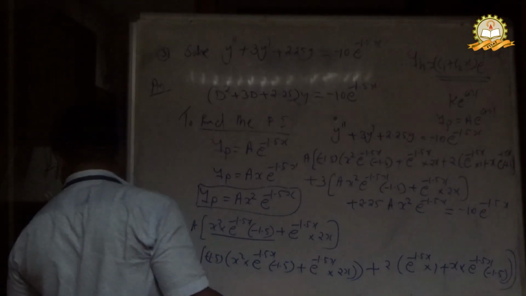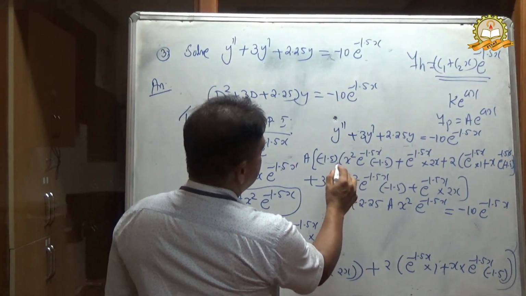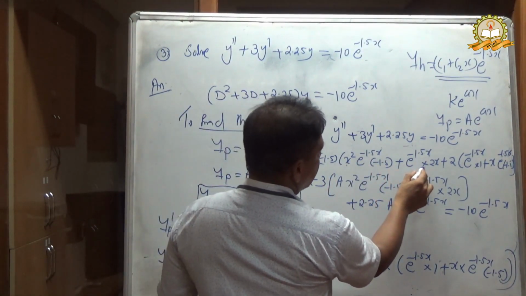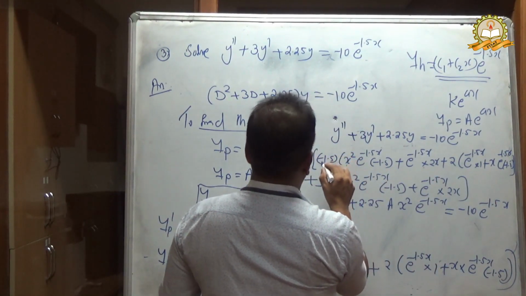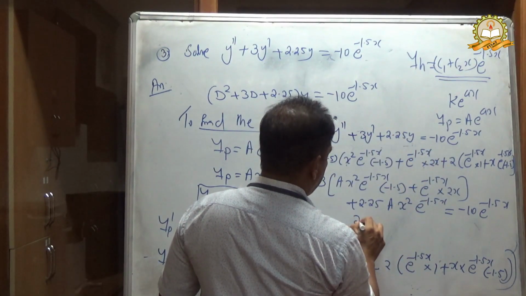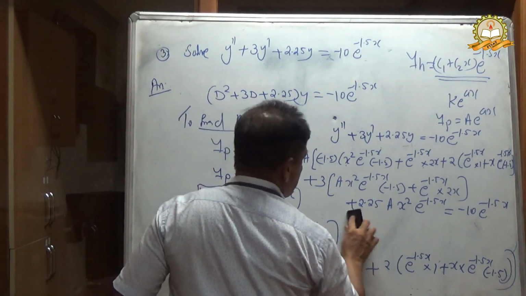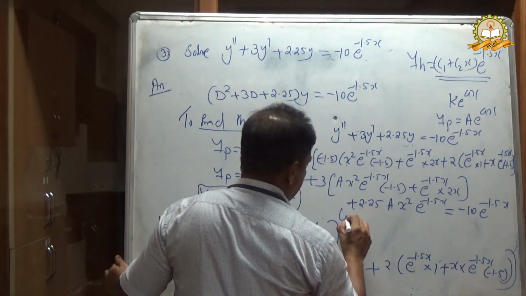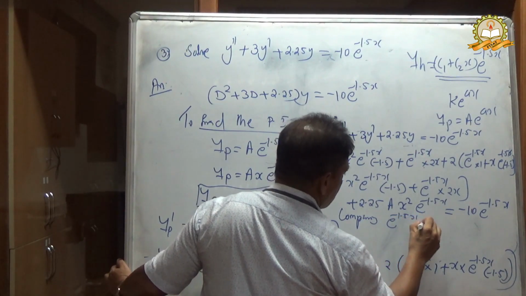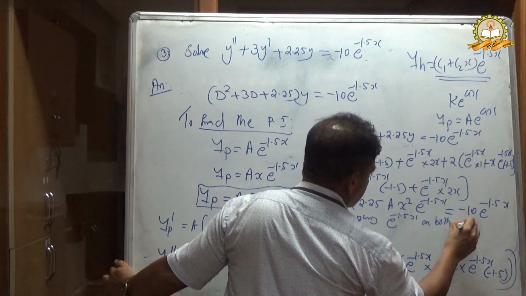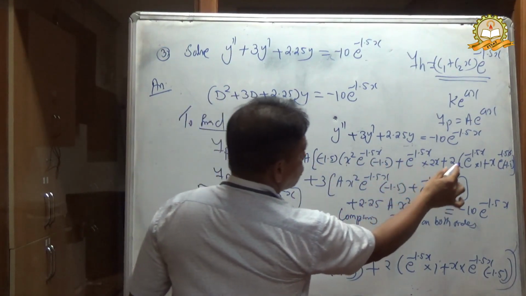This is the solution. When we compare, the terms containing x² and x cancel, and only the term 2a remains. Comparing e^(-1.5x) on both sides, there is only one term, 2a e^(-1.5x).